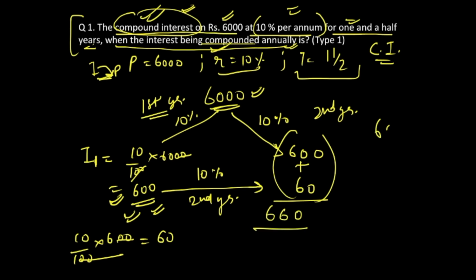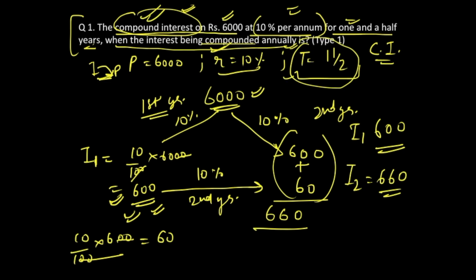So for the first year 600 was generated, interest 1, and for the second year interest of 660 was generated. But in our question that we are dealing with, it is given to you that the time period is 1.5 years. The first year part is all okay, but in the second year part we don't need this entire sum, right? Because we have calculated it for the entire year.